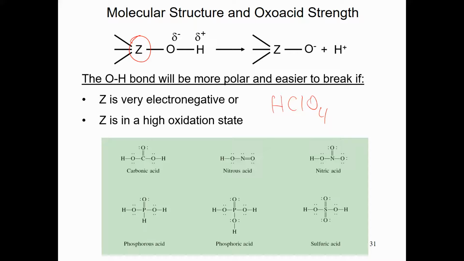But phosphoric acid, 4 oxygens, 3 hydrogens, it's not as strong. Even though I have a lot of oxygen character here, I'm pulling electrons from 3 things instead of just 1. If I only had 1 hydrogen here, those electrons would be pulled all the way this way from that 1.